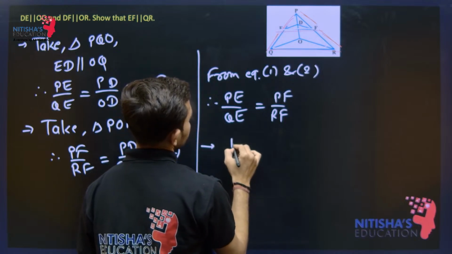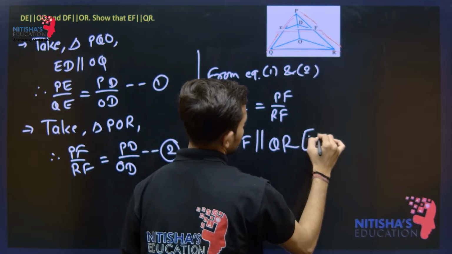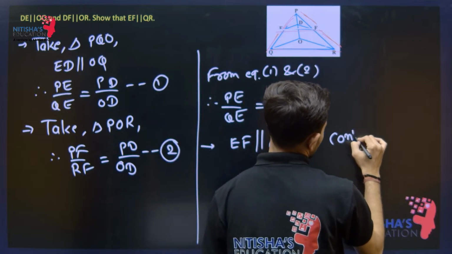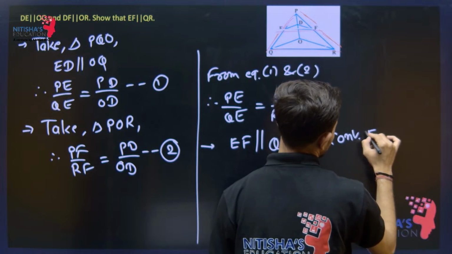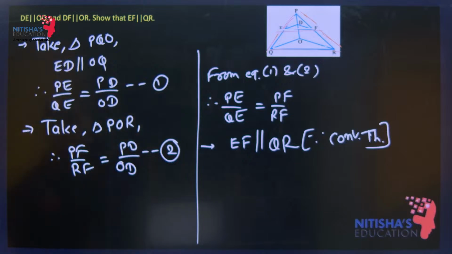So EF is parallel to QR because of the converse theorem. So in this way we can solve this question.